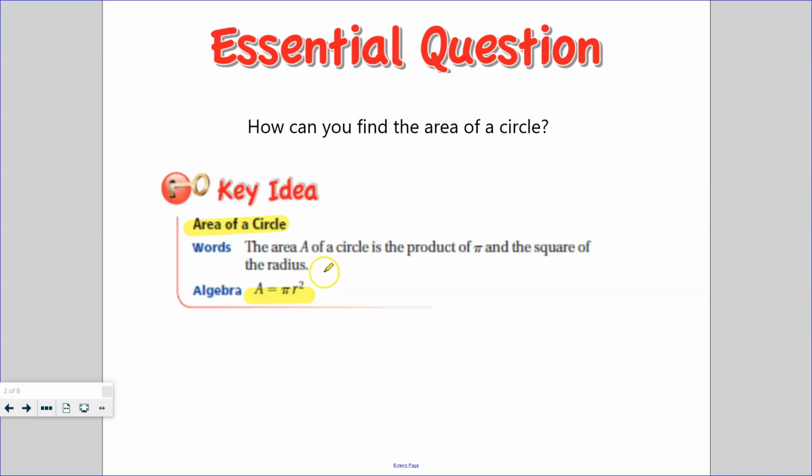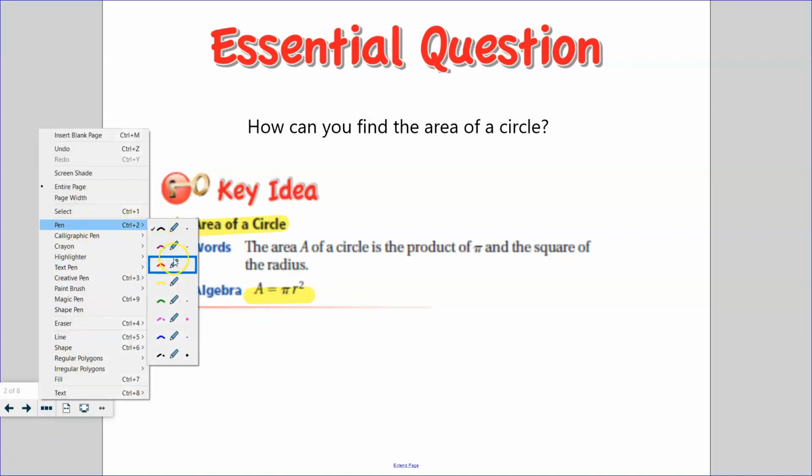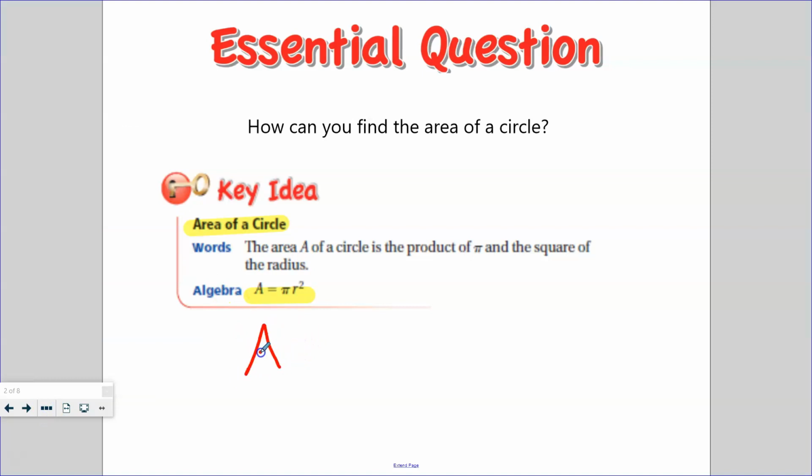The exponents come before multiplying, right? So we have to do our exponent squared first before we multiply it times pi. Right, and so area equals 3.14, but we would have to have r squared first. Okay, so just think about it like in parentheses of some sort.